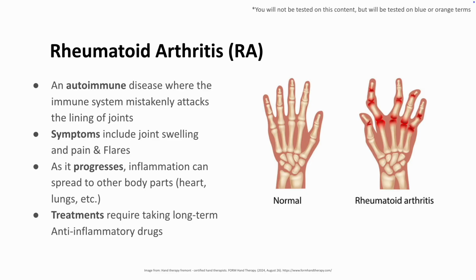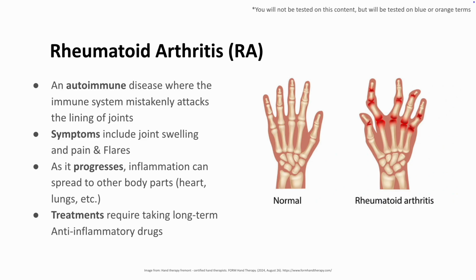It usually happens in the fingers or the knees. Symptoms include joint swelling. Your white blood cells, your immune system, attack things. You get inflammation. That's why you get swelling and pain and flares. As you can see on the image, the red part is where the rheumatoid arthritis is happening.